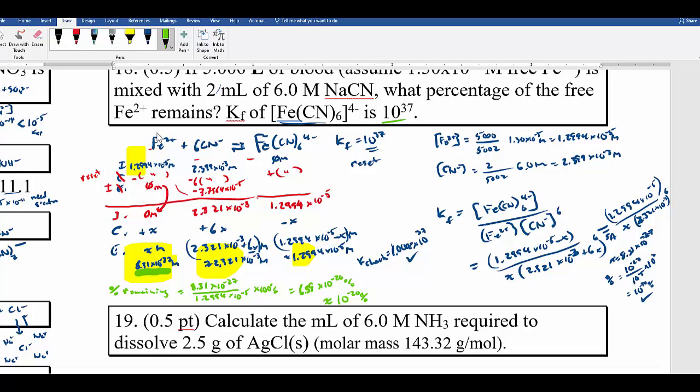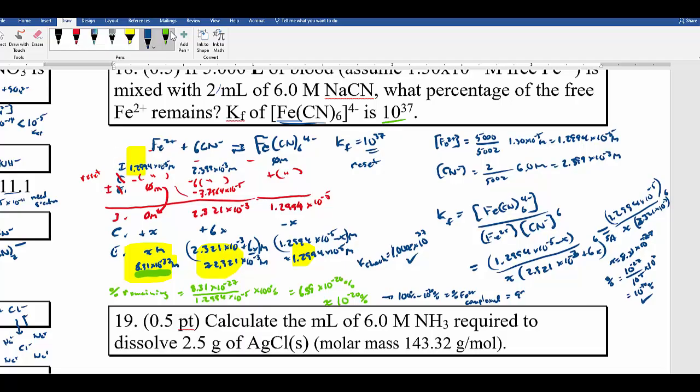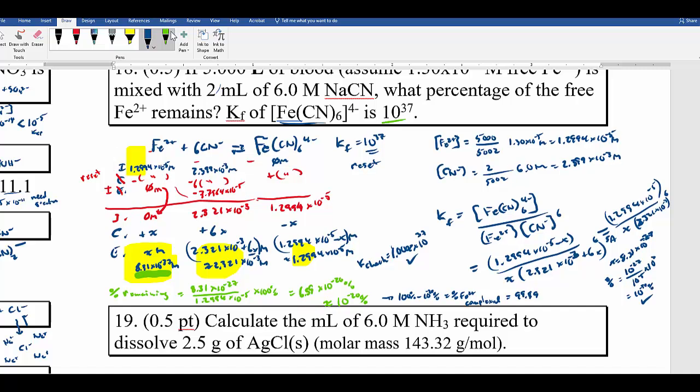remains. And then this wasn't asked, but we could do this calculation. What that means is 100% minus 10 to the minus 20% equals the percent iron 2 plus complex. Which is going to be like 99.99. We need like the 9s here.